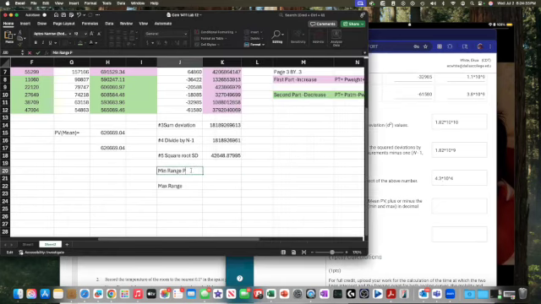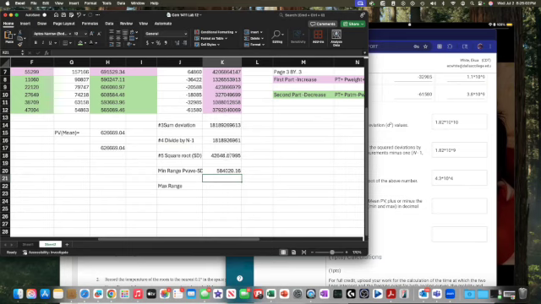Let's say PVAVE minus SD. This right here is a standard deviation right here. So the math would be equal to the average minus this number.